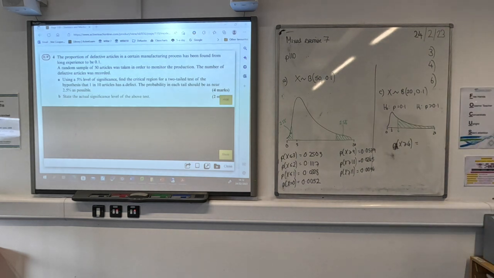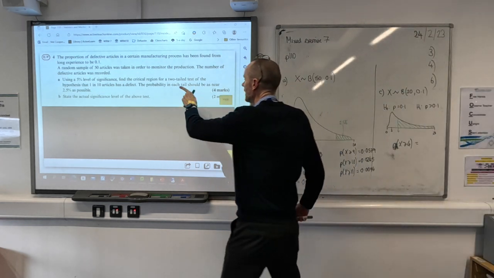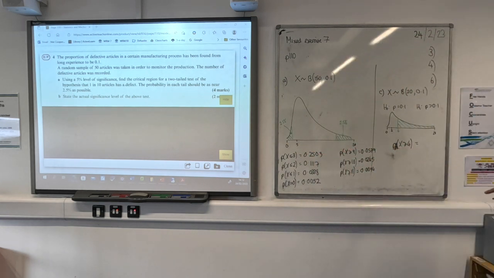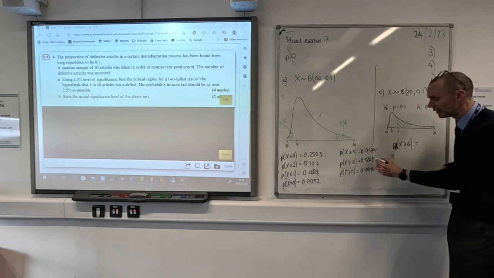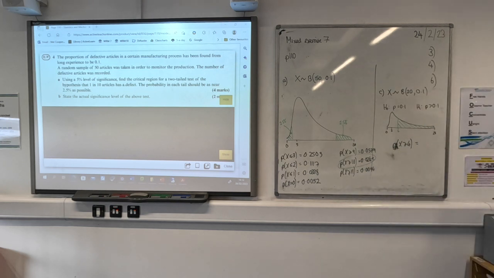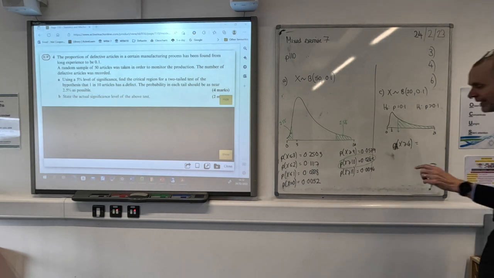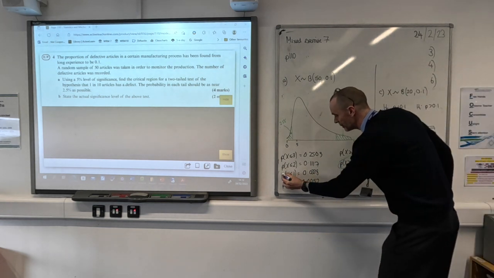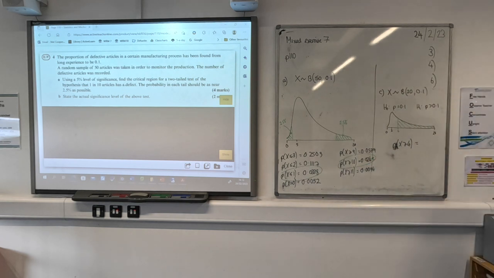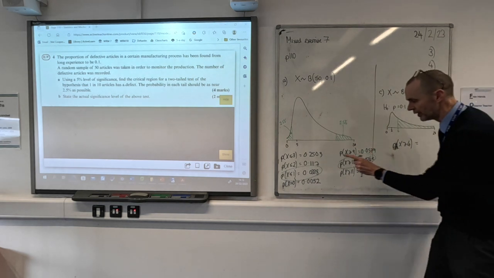But we've got this extra little bit of wording that we talked about yesterday. The probability in each tail should be as near to 2.5% as possible. Well, as being the first value that goes inside, 10 is the closest to 0.025. Couldn't get much closer. But this is actually, although it's bigger than 2.5%, 0.025, it is closer to 0.025 than that one.